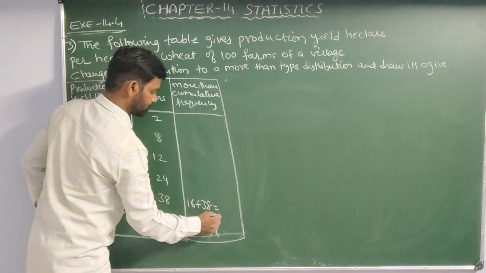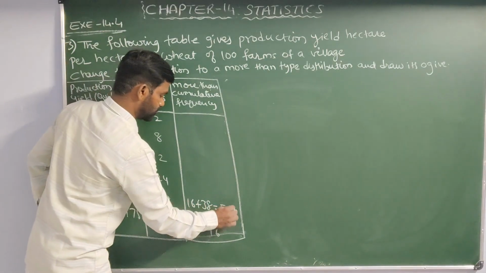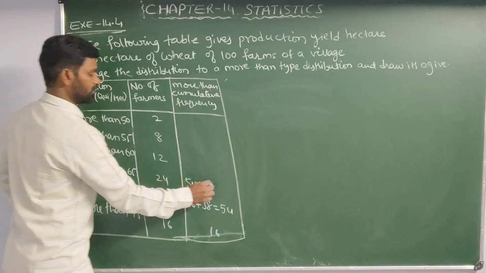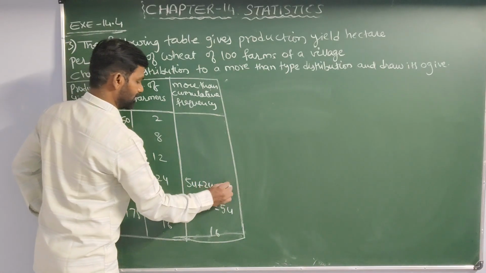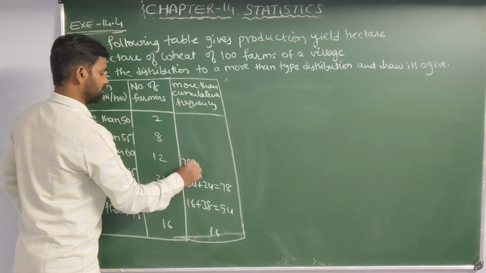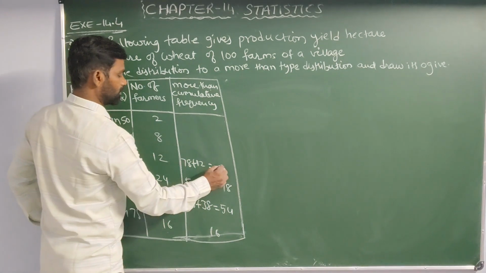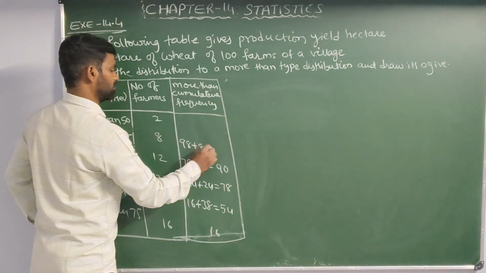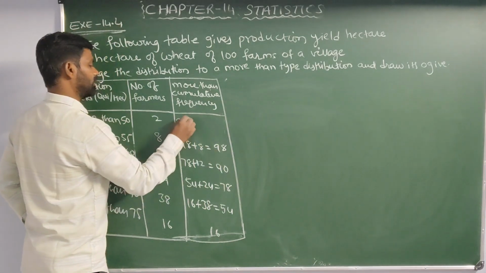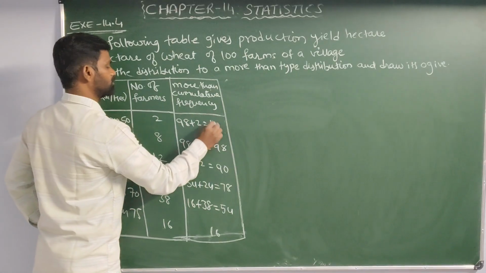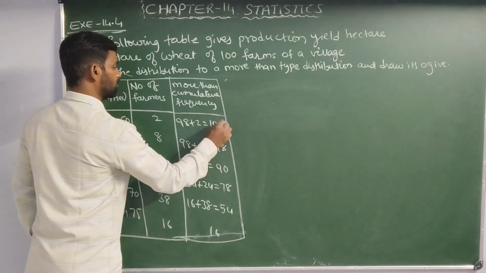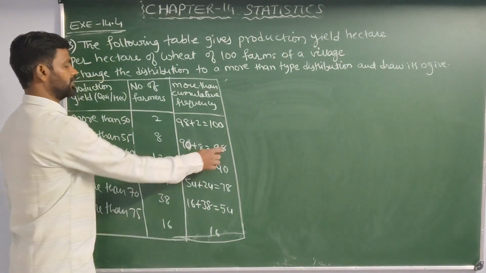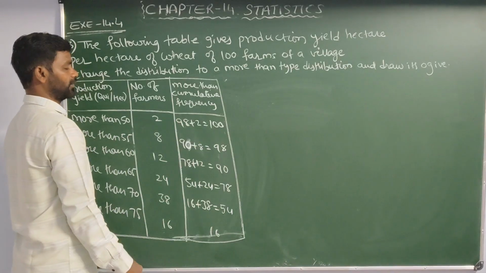It becomes 54. 54 is added to the next frequency, that is 24. It becomes 78. 78 is added to the next frequency, that is 12. So it becomes 90. 90 is added to the next frequency 8. It becomes 98. And 98 plus 2, it is 100.